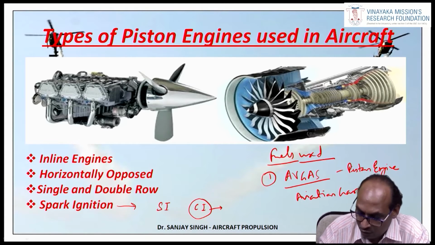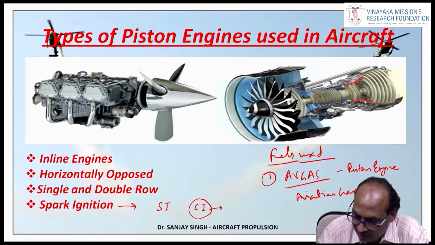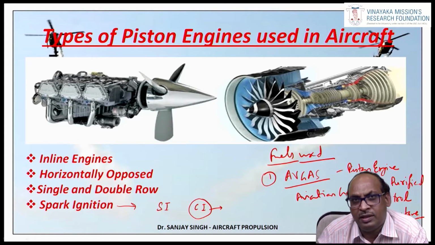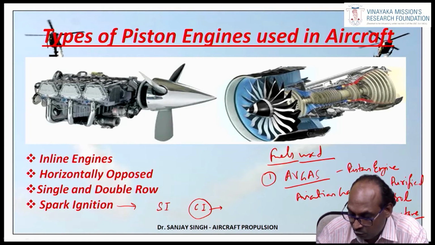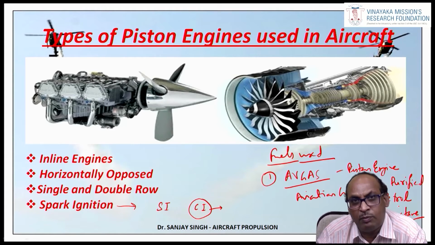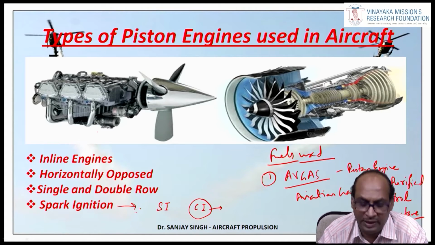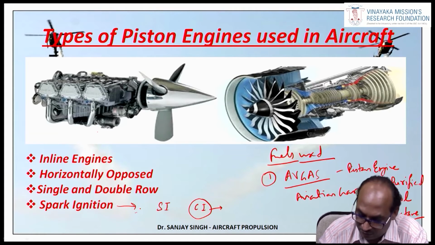Aviation gasoline is a more purified petrol version, having 100 octane, and specifically it is blue in color. This 100 octane aviation gasoline, which is purified petrol, is used in the piston engine. That is why it is a spark ignition engine. So spark ignition engines only are used in aircraft.